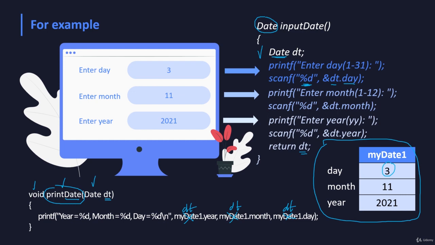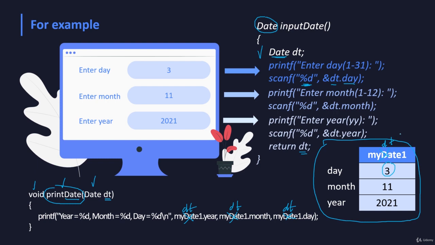So dt is of type date, and that's why the return type is also date. We specify that. Here we also have the previous thing that we spoke of. It's not myDate1, it's simply dt. It's the same, just the name of the variable. It was used as part of an additional explanation in one of the different videos. I don't think I've added it here because it's kind of for another topic.